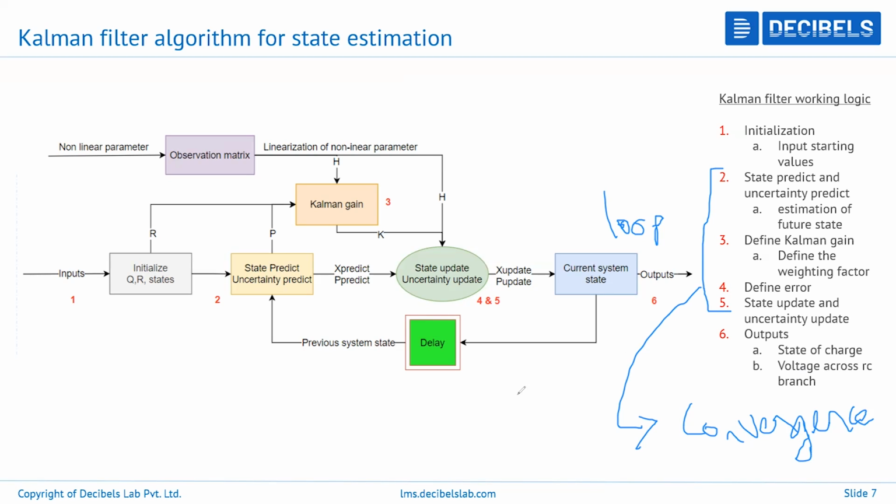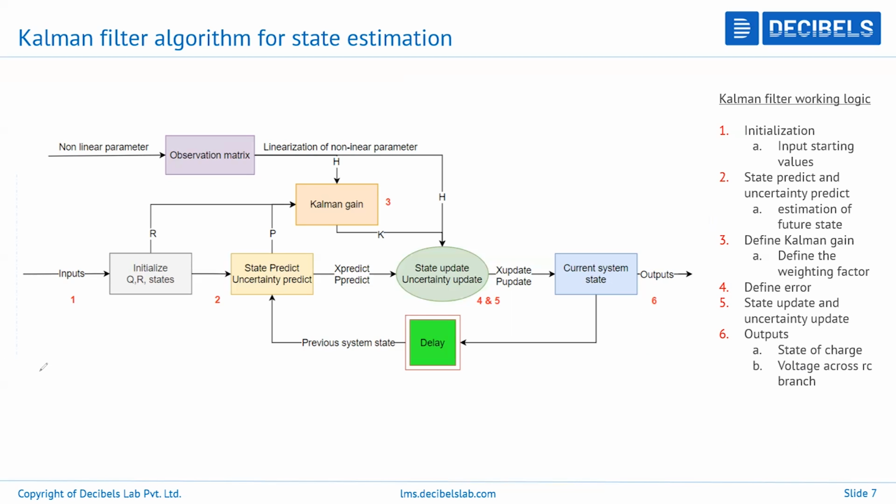Till such time the convergence has been obtained, this loop will keep on running. That is how the entire state estimation algorithm from the Kalman filter will work. Based on the very nature of the Kalman filter, we will even go for parameter estimation. We'll be coming to that in a quick while.